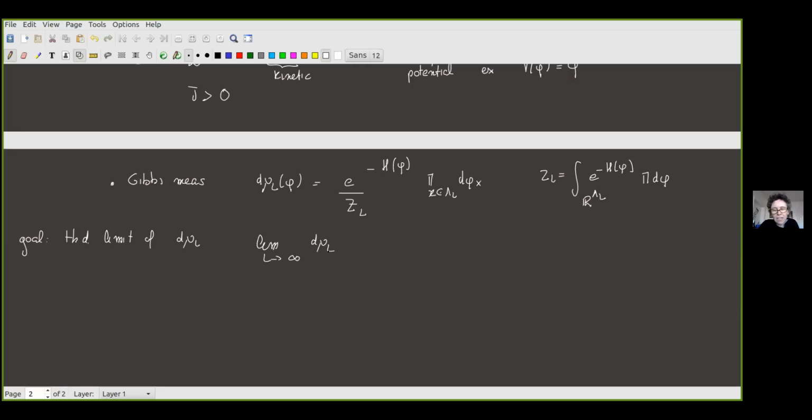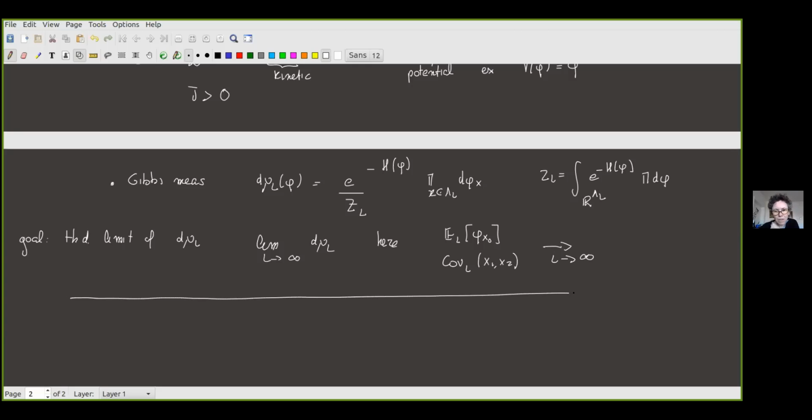Okay, but now here, to give you an example of how the transfer operator method works, I will concentrate on two precise pieces of information on this measure, the average and the covariance. So here we consider the average of phi at x_0, and the covariance at points x_1 and x_2. And we ask what happens when L goes to infinity. Okay, so this is what we want to study.